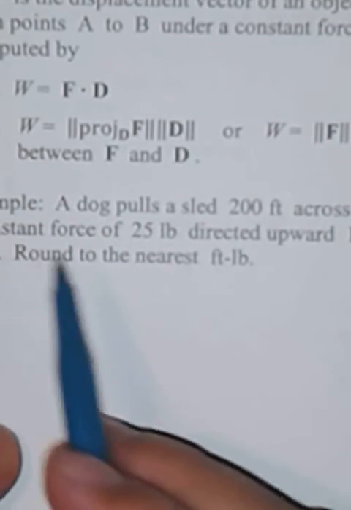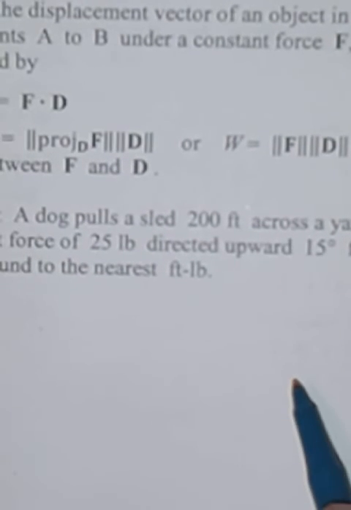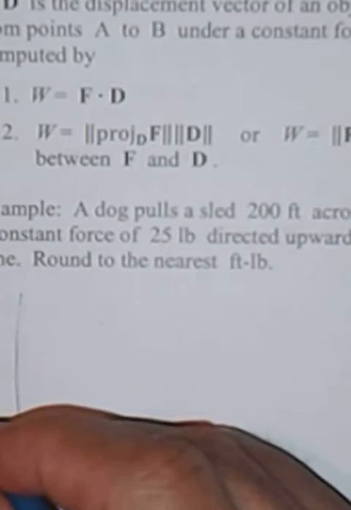The example says a dog pulls a sled 200 feet across a yard on a horizontal path. She exerts a constant force of 25 pounds directed upward 15 degrees from the horizontal. Find the work done, rounded to the nearest pound. I'll draw a little diagram on the XY plane.